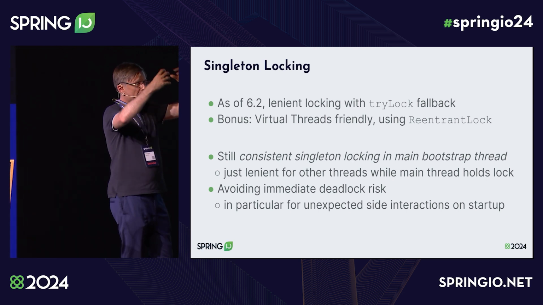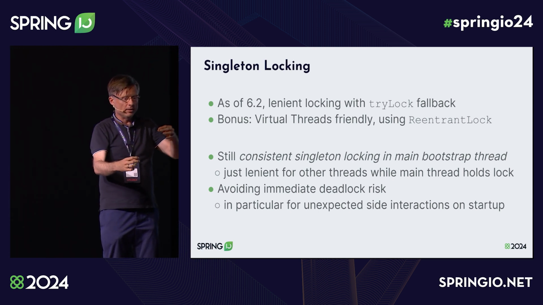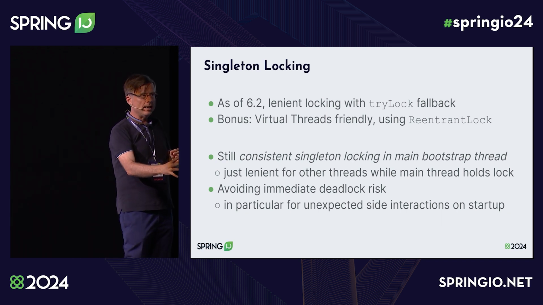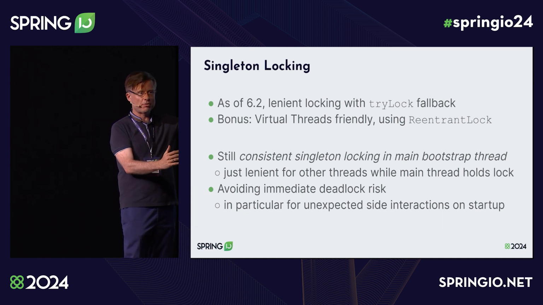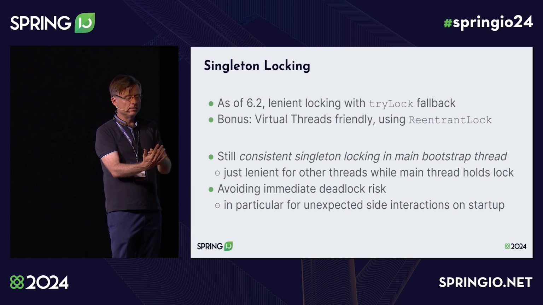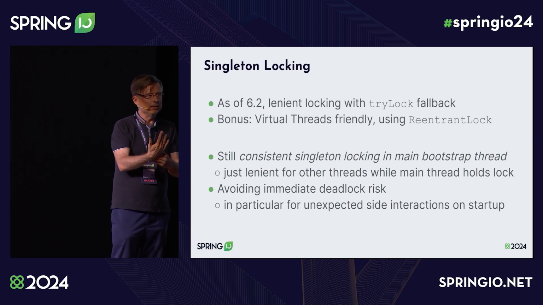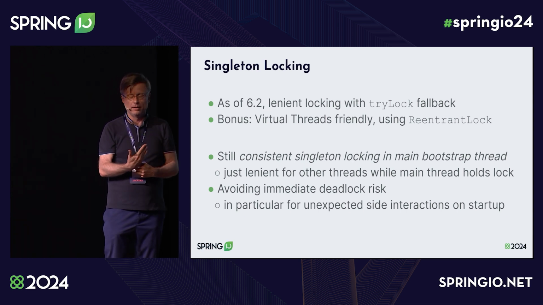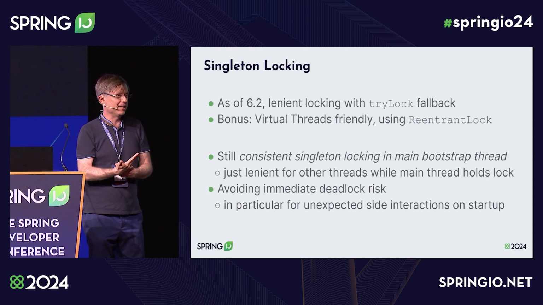So if our main bootstrap thread goes through the list of singletons, creates them one by one, then runs into a particular singleton that has some kind of initialization method where it starts an asynchronous thread that potentially touches other beans, and that bean, maybe a custom bean that you implemented, then blocks waiting for the result of that asynchronous thread. Previously, we had no chance other than basically deadlocking, right?